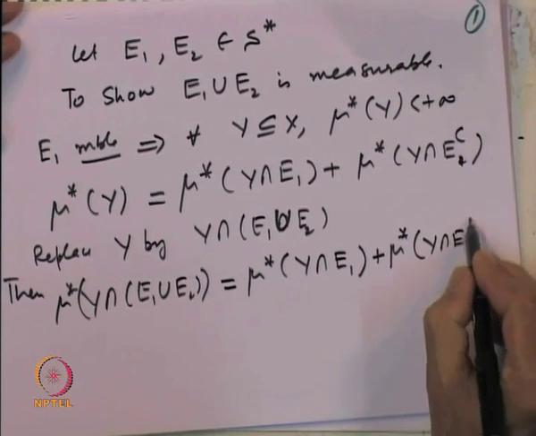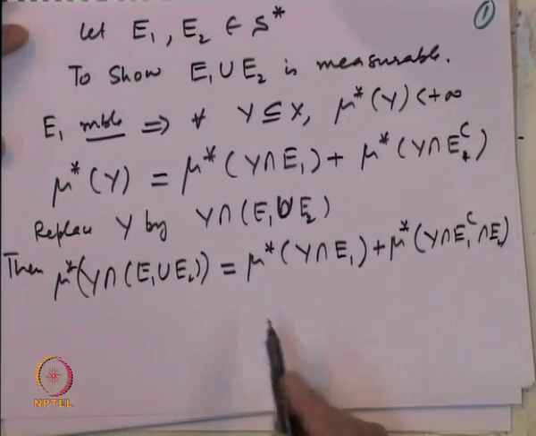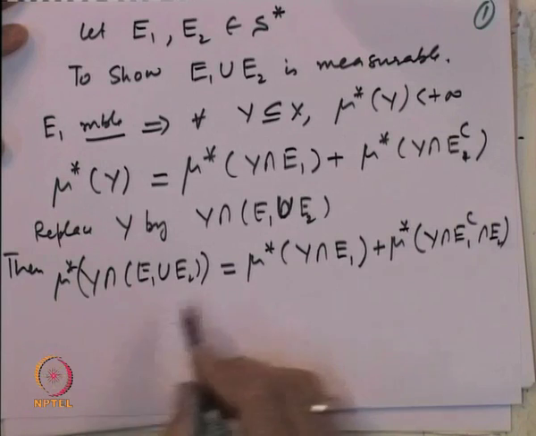So, E 1 complement intersection E 2. That is what we get by using the fact that E 1 is measurable.